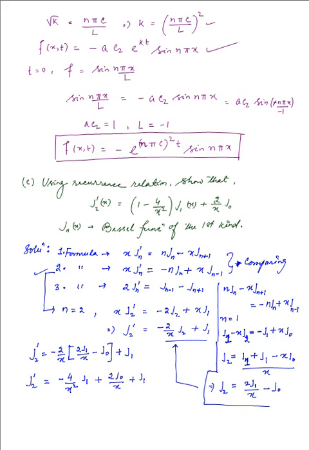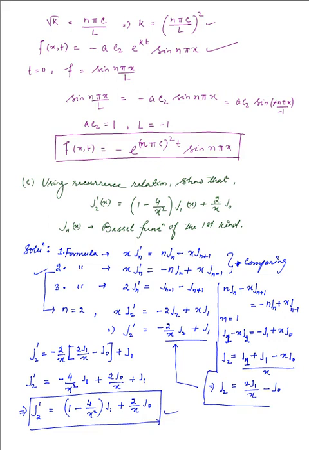So j1 can be taken as the common term, so we have j2 primed equal to j1 taken as common, we are left with 1 minus 4 over x squared entirely multiplied to j1, and finally 2 over x j0 simply gives me the same result as that has been asked.